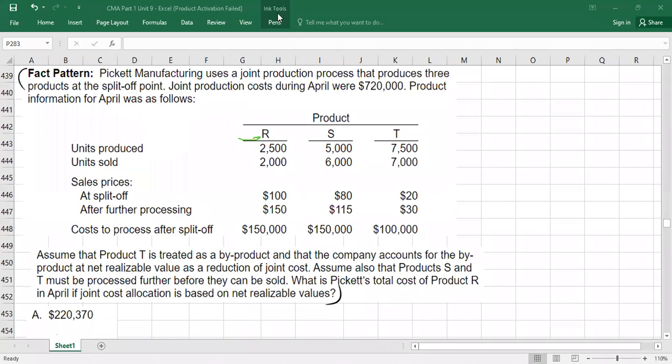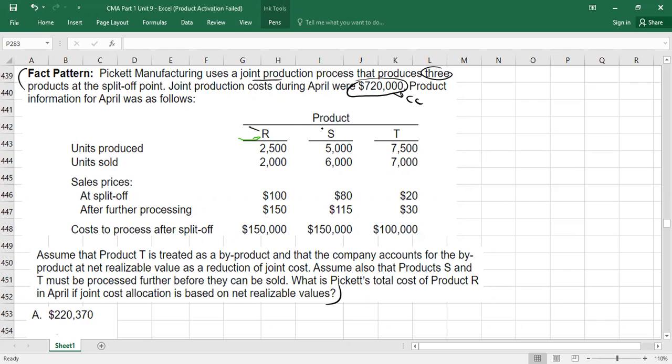First of all, they're telling you P Manufacturing uses a joint production process that produces how many products? Three. At the split off point, joint production cost during April was, this is the common cost. Product information for April was as follows.